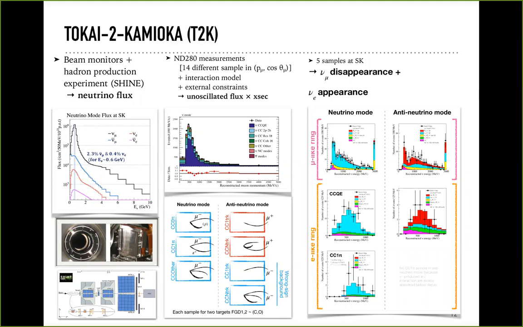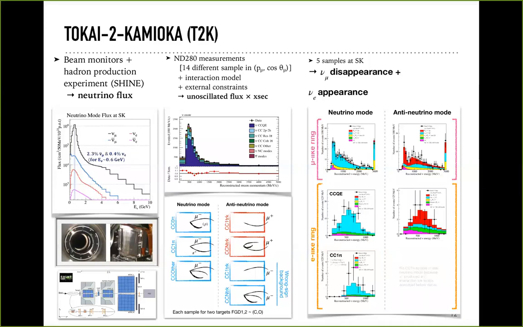But the hadron production is not so well known. So there is a dedicated experiment in the case of Hyper-K, and also DUNE will use, for instance, NA61/SHINE, etc. That is an experiment at CERN that, as far as the neutrino experiments are concerned, provides the information for narrowing down the hadron production.